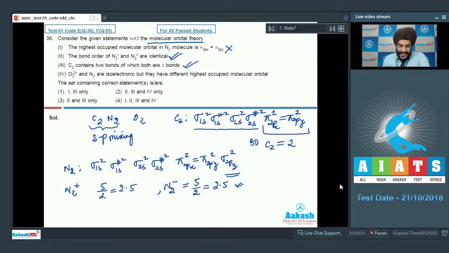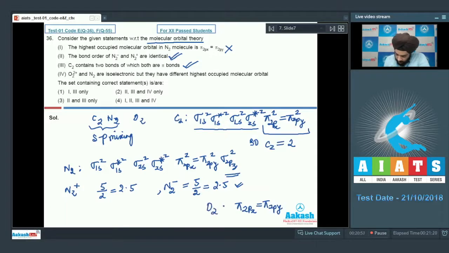So let's look at the fourth statement now. O2 2 plus and N2 are isoelectronic but they have different highest occupied molecular orbital. The configuration of N2 we already have in front of us, whereas O2 2 positive will have a highest occupied molecular orbital of pi 2px equal to pi 2py.